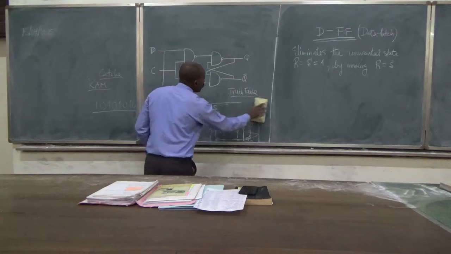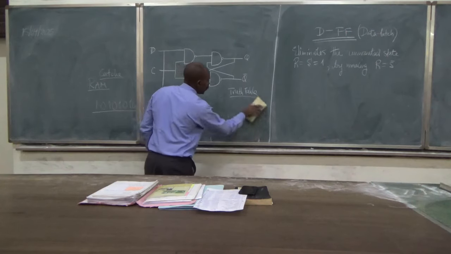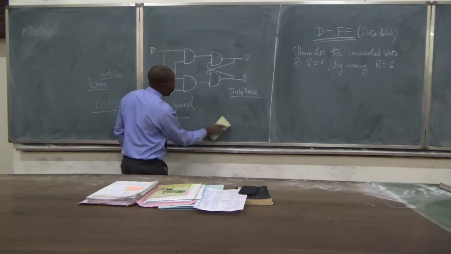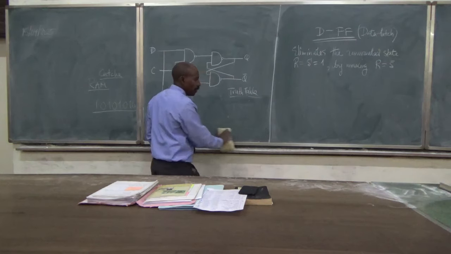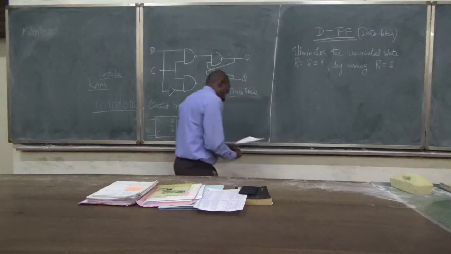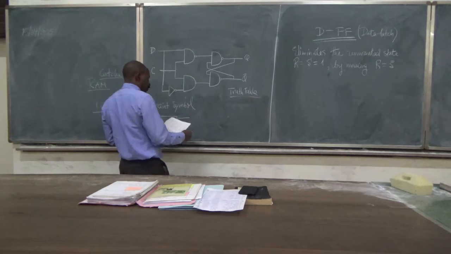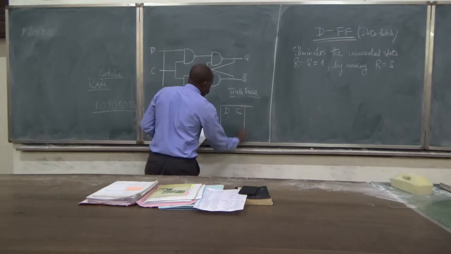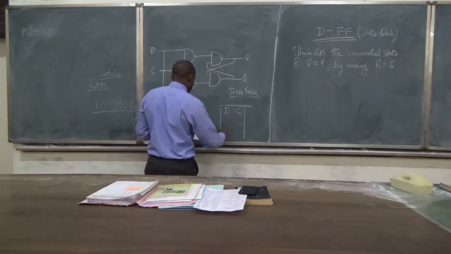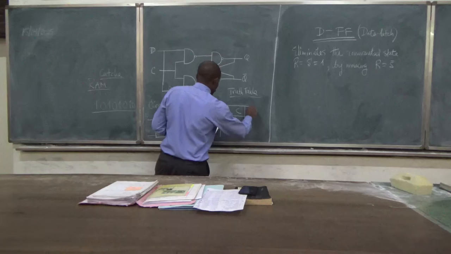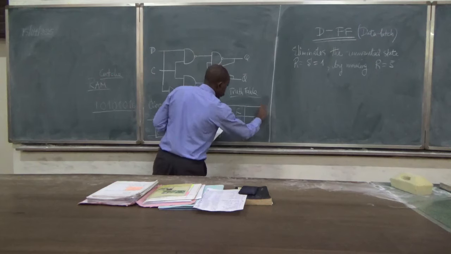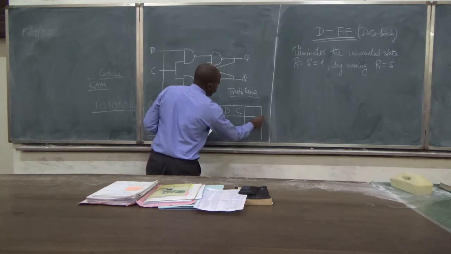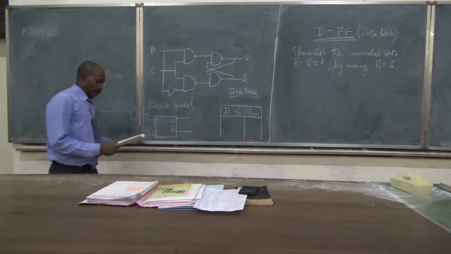And now we have a different truth table. The truth table has the clock, the input D, and then the next state, Q(t+1).